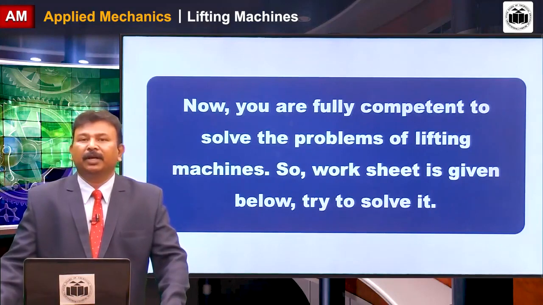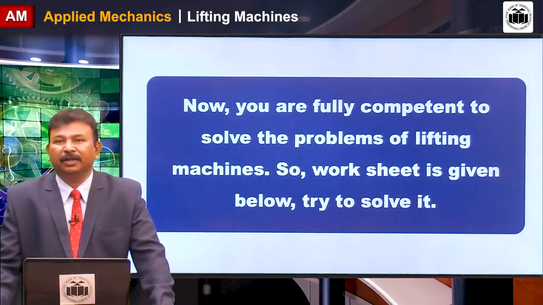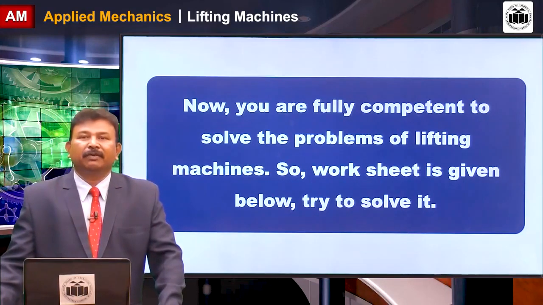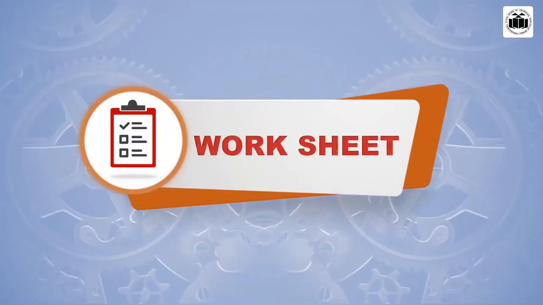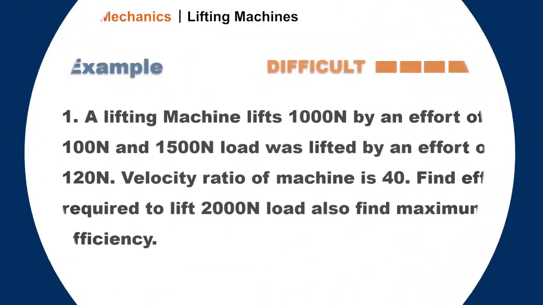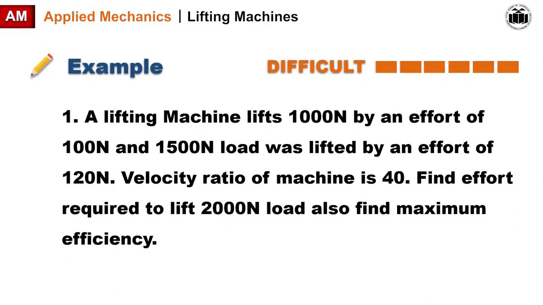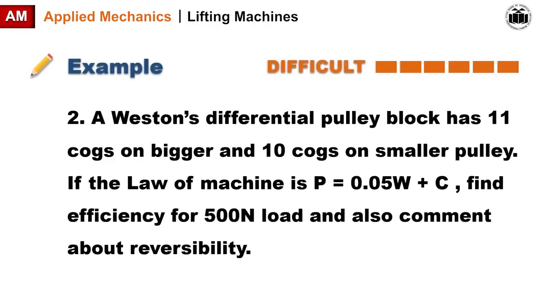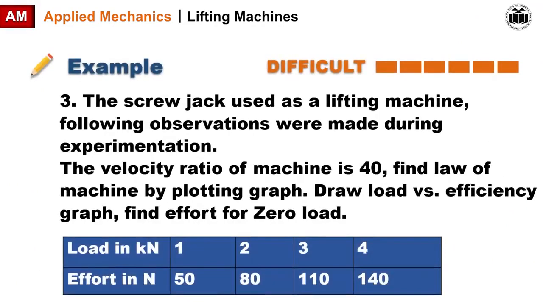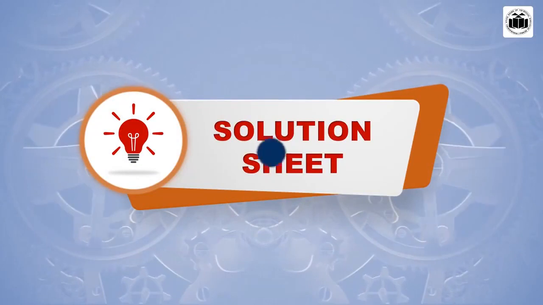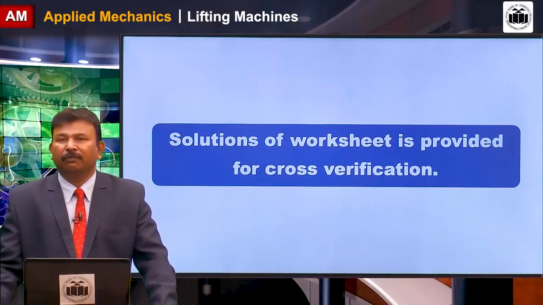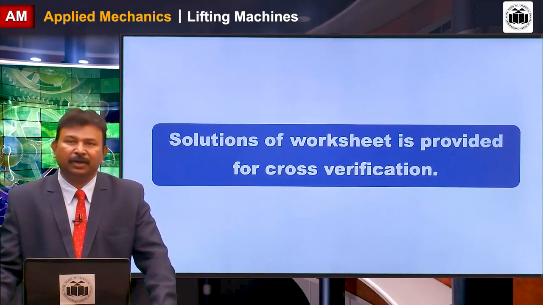Now you are fully competent to solve problems on lifting machines. So a worksheet is given below, try to solve it. Solutions of the worksheet are provided for cross verification.